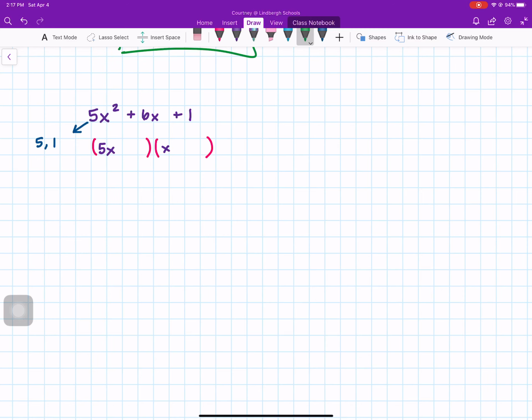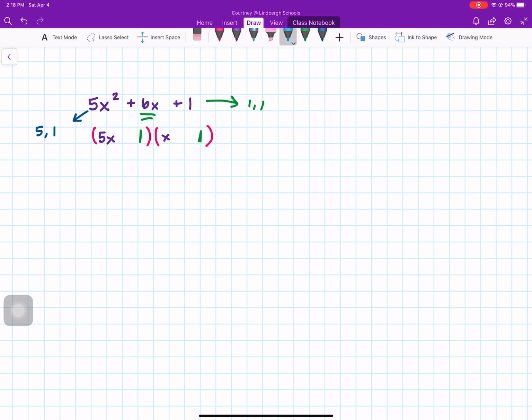Great. The next number, again, we ignore the middle term till the very end. The next number is just 1. The numbers that multiply to give me 1 are 1 and 1. Well, that's the only combination that gives me 1. So now I just have to decide if I need any positives or negatives. I have 1x, and then I have 5x.